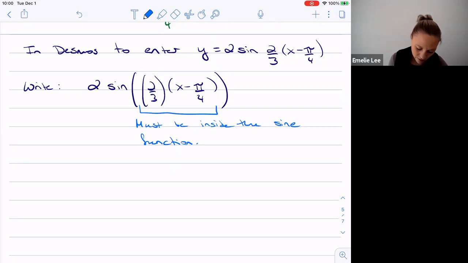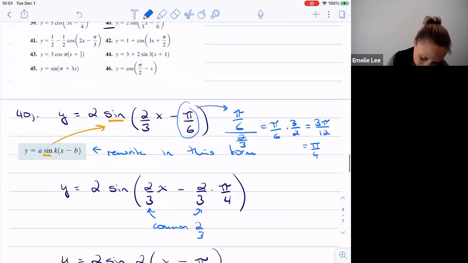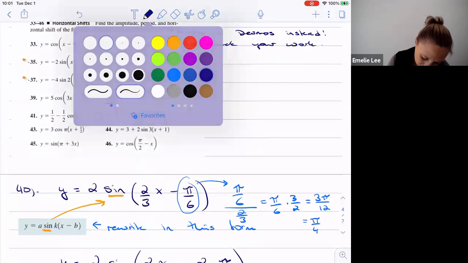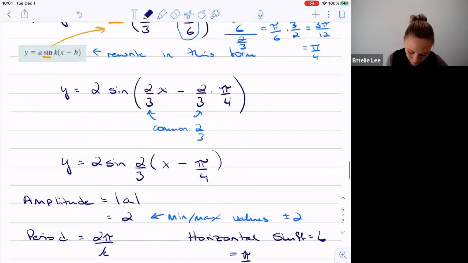Let's do one more, and then we'll move on to the next section. Let's do a cosine. I want to do a positive one.